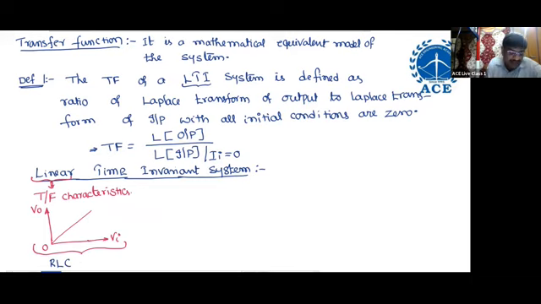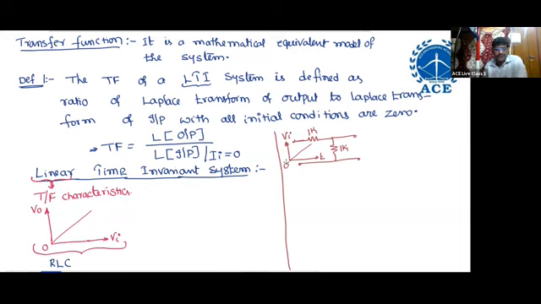For example, I'll take a simple resistive network, with 1K and 1K. Input is a ramp signal. Then what is the output?